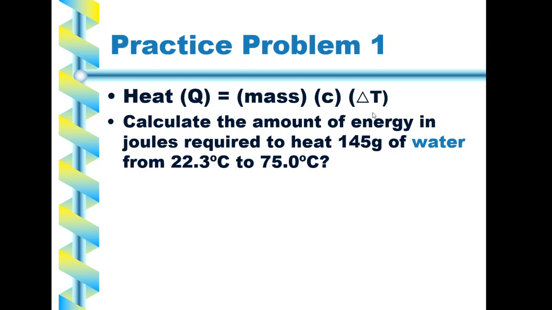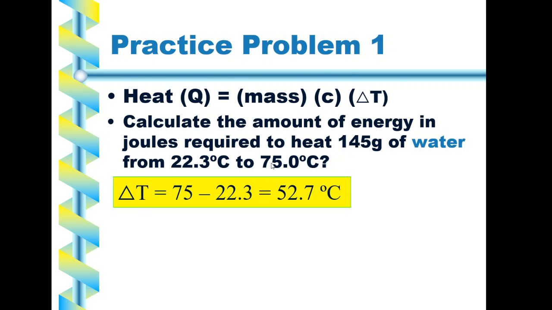When we're calculating delta T, it will be 75 minus 22.3, okay? So our delta T is going to be 52.7. Now we know our mass. It is 145 grams. Now, it's telling me of water, so I need the specific heat of water.